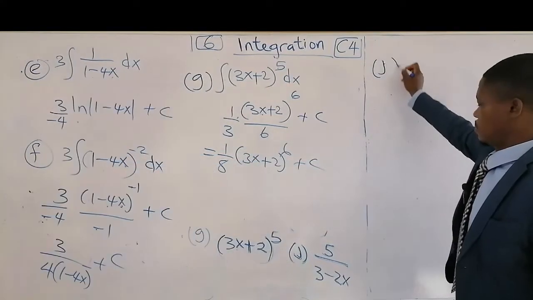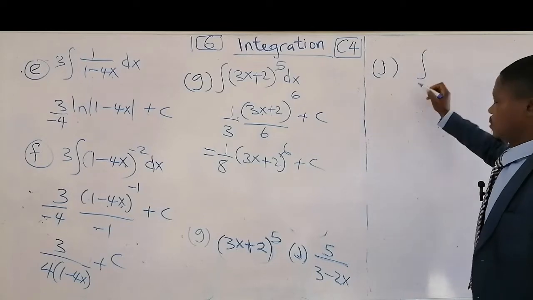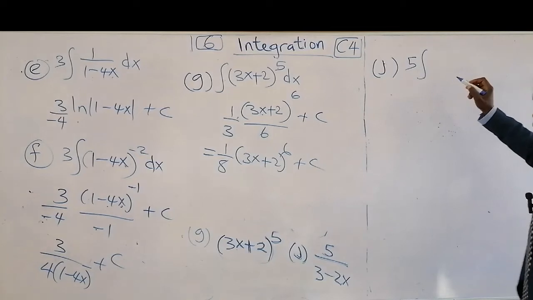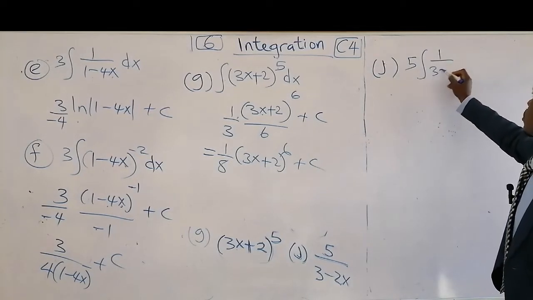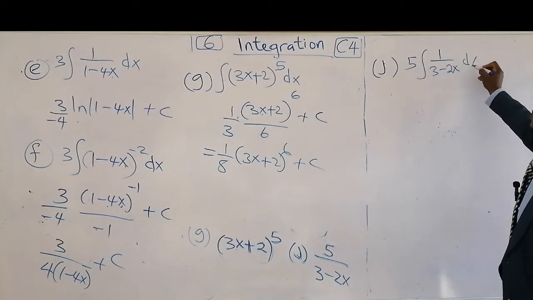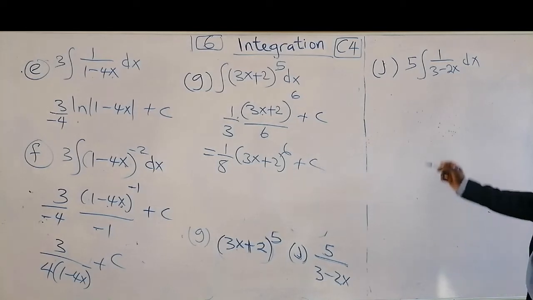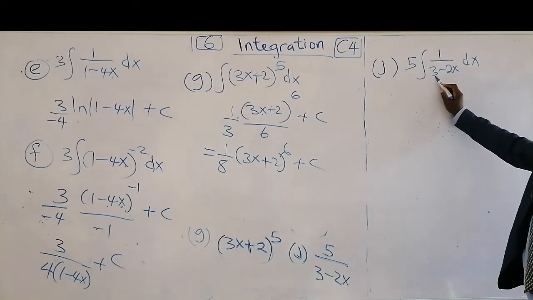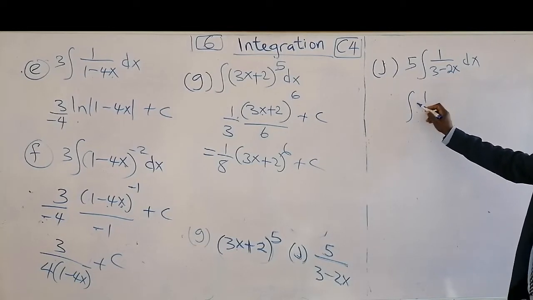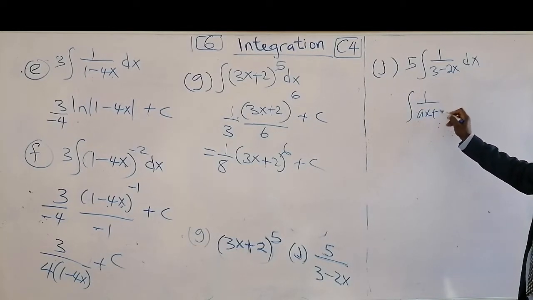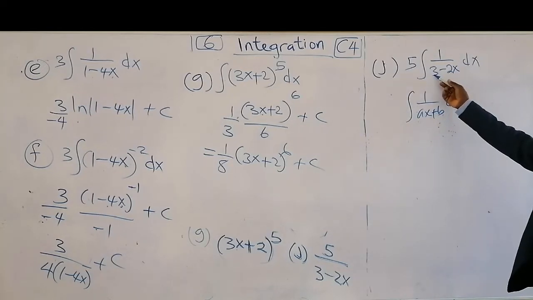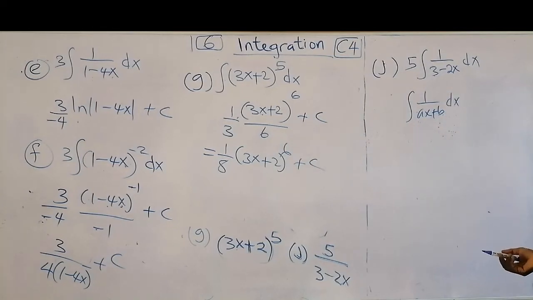The j parts, you can bring this 5 outside the integration, then you have 1 over 3 minus 2x dx. Another thing you must know is that your plus b from this table, ax plus b, dx, doesn't matter; your b in this case is coming to the front, it doesn't change the rules.